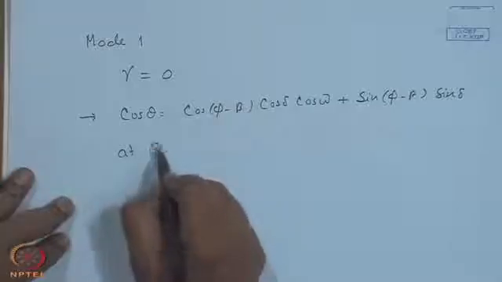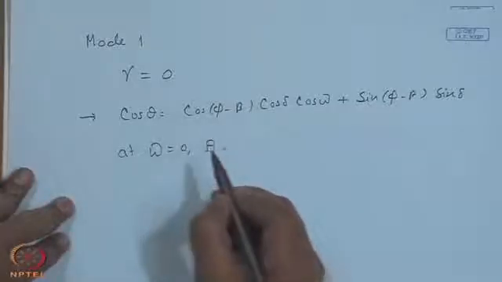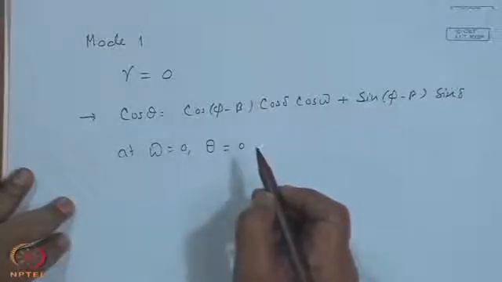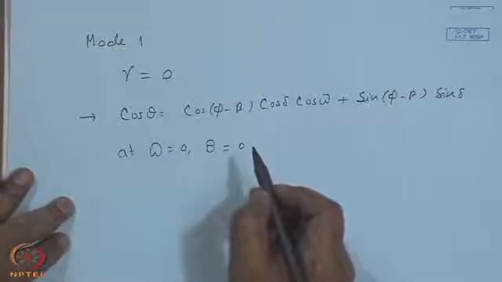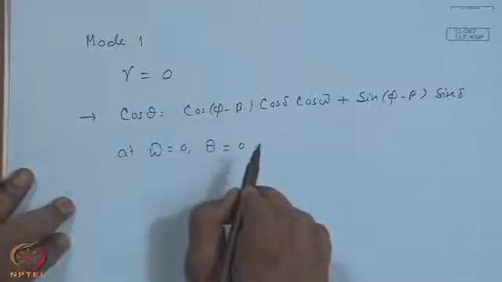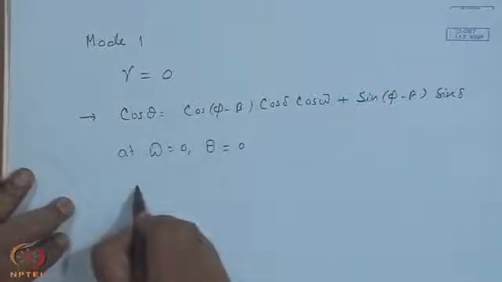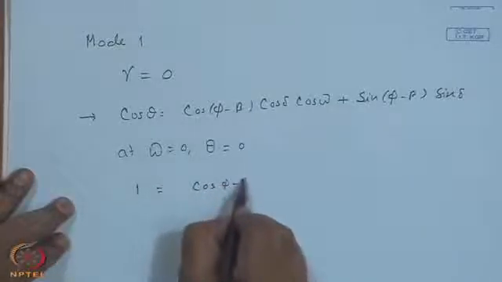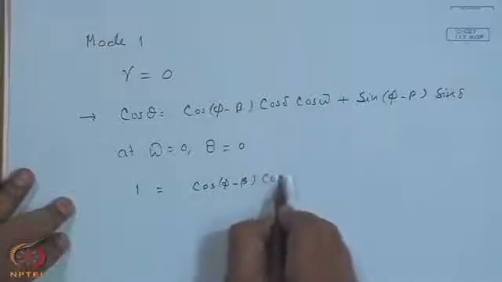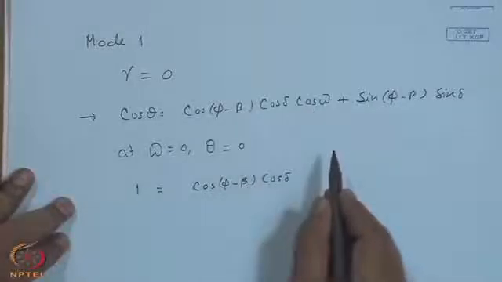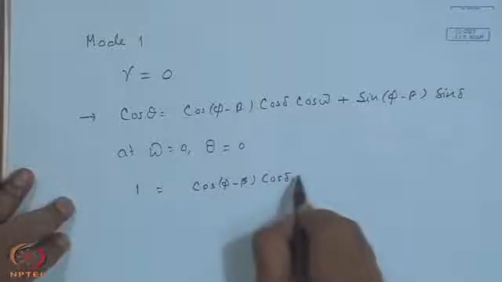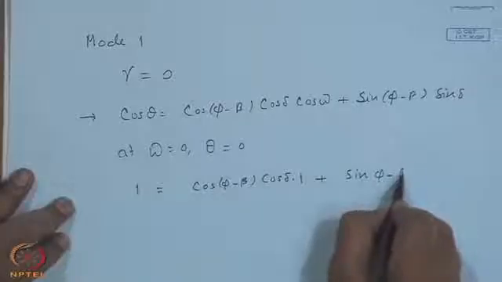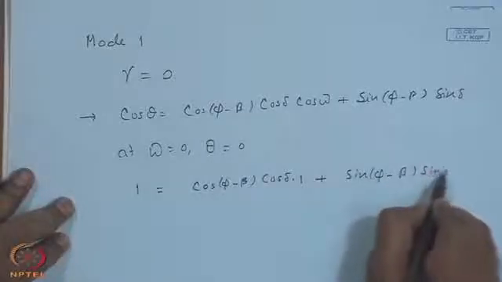At omega equal to 0, theta is equal to 0, right. The sun's rays being normal to the plane means 0 angle between the outer normal to the plane and the sun's rays. This means this should be equal to cos of phi minus beta cos delta, and cos omega at omega equal to 0 is 1, plus sin of phi minus beta sin delta.